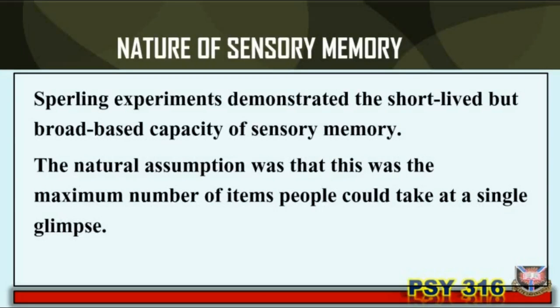No matter how many items were shown, from as few as 8 to as many as 20, most people could remember only 4 or 5. The natural assumption was that this was the maximum number of items people could take in at a single glimpse. Many people insisted, however, that they had seen more items but had forgotten the others during the time it took them to report the first 4 or 5.